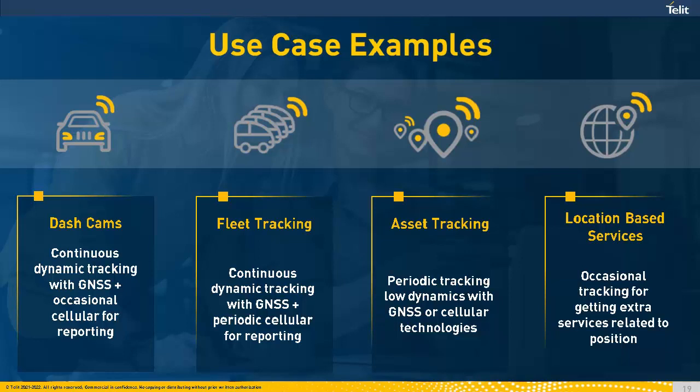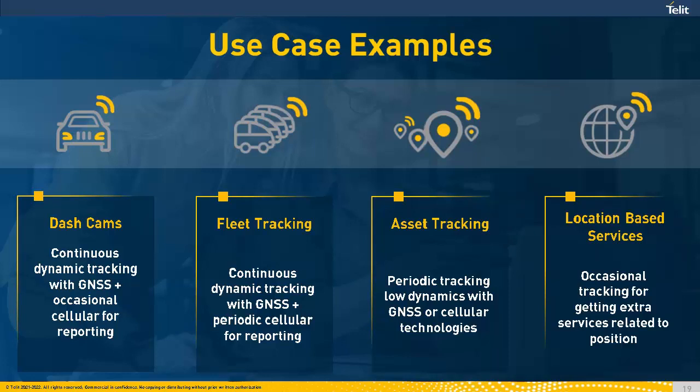You can see, for example, dash cams and similarly also insurance black boxes are devices that continuously monitor position, and they occasionally need to upload this information to a service provider of the insurance itself, either for monitoring the driver behavior, the video recording, or for reporting a car accident or a specific event that triggers this communication.